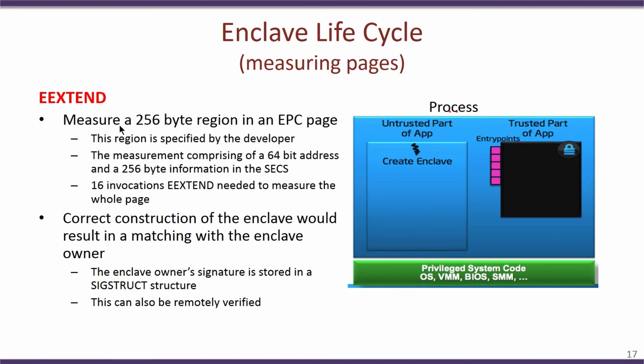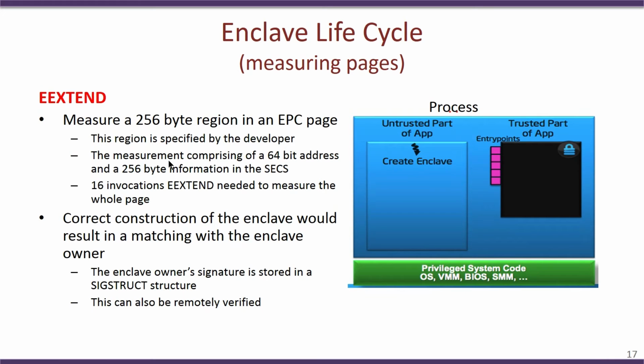This region is specified by the developer. The measurement comprises a 64-bit address and 256 bytes of information present in the SECS. Since we are measuring 256 bytes at a time, 16 invocations of EEXTEND are needed to measure the whole page.